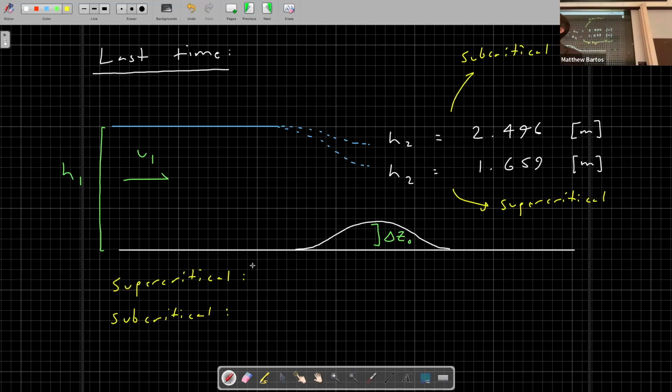Someone suggested it would be a transition from subcritical to supercritical, and someone else said subcritical occurs after a hydraulic jump.